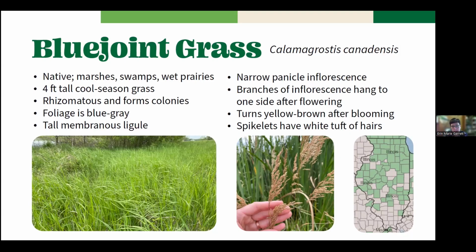So we see that pictured down below here, where we have this orangey brown color, and all of the branches are hanging off to one side. And then the spikelets, if we look real close, are going to have these little white tufts of hair.